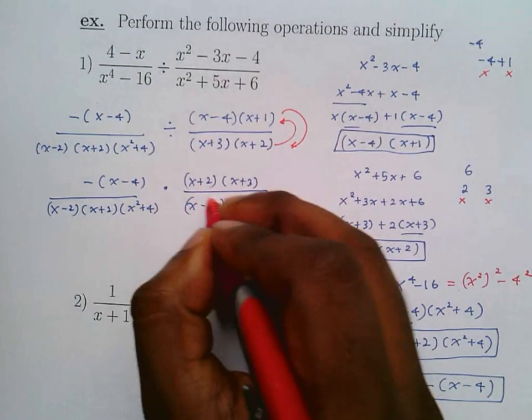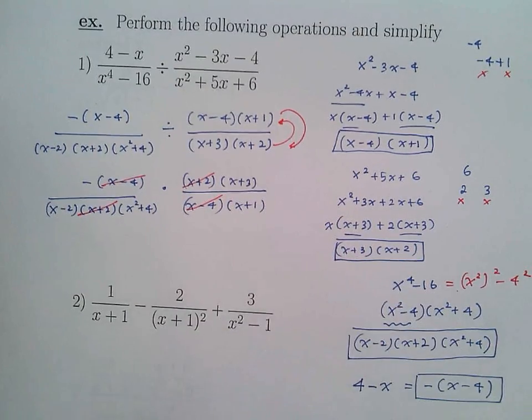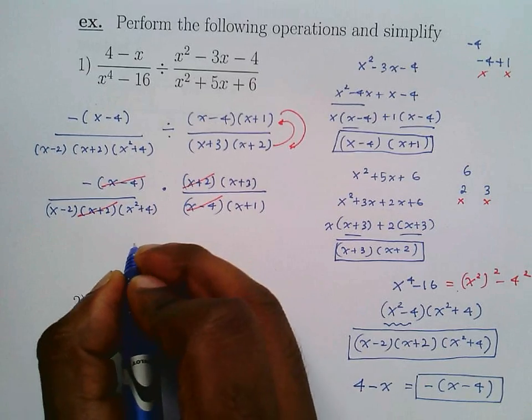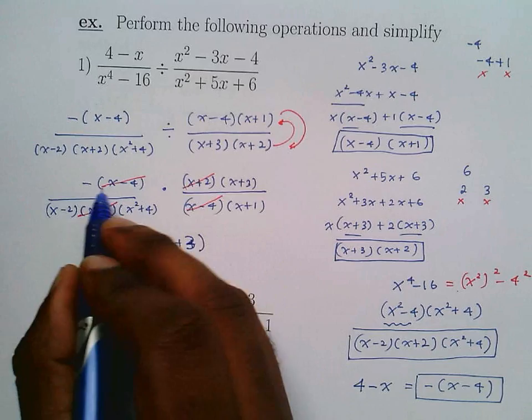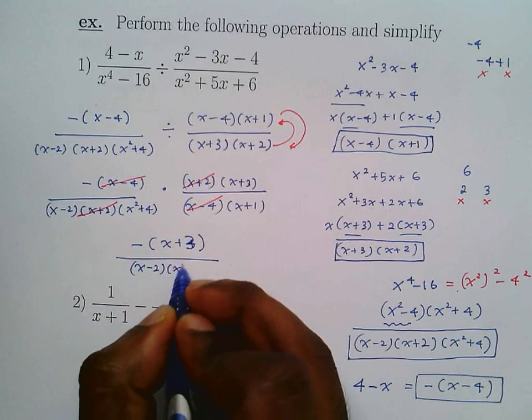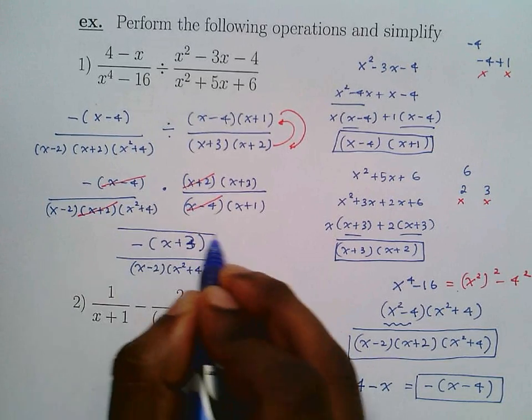And see how things cancel off. That cancels off, that cancels off, and that's it. So carefully write what's remaining, and that should be your final answer. Negative x plus 3 divided by x minus 2, x squared plus 4, x plus 1. That's it.